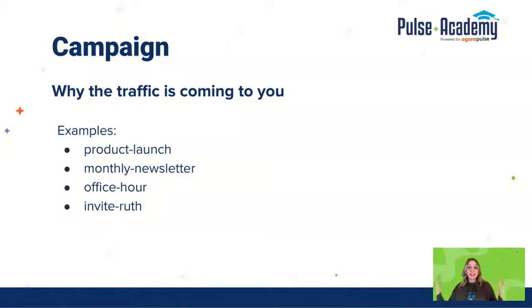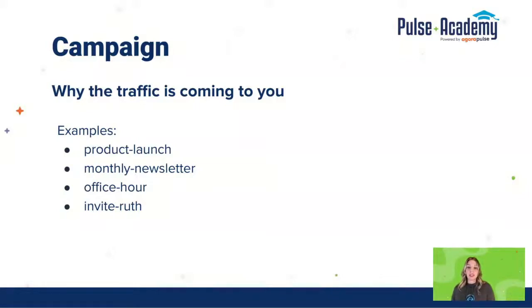In the instance of 2 examples that I use when I am putting out links for office hour, inviting people to events like today's live stream show, the campaign name I use is office hour. I want to know if I'm posting on, so a UTM code for a social media post about today's office hour might be, the source is social, the medium is Facebook, the campaign is office hour.